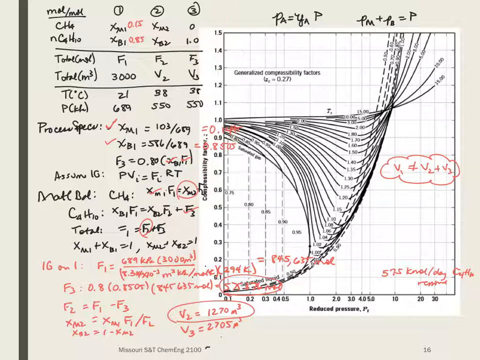Now they did ask us to verify whether or not this is an ideal gas. So to do that, and I failed to, I'm sorry, in my write-up I did not do this one. You're going to have to do the same thing where we're going to take our mole fraction, so 0.15 times Tc of methane plus 0.85 times Tc of butane.